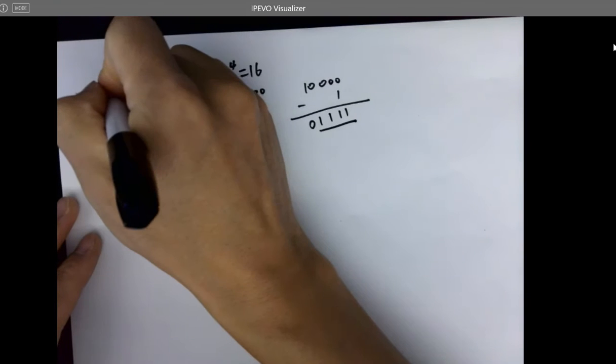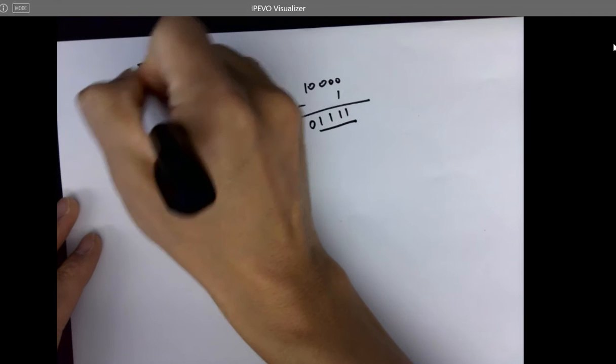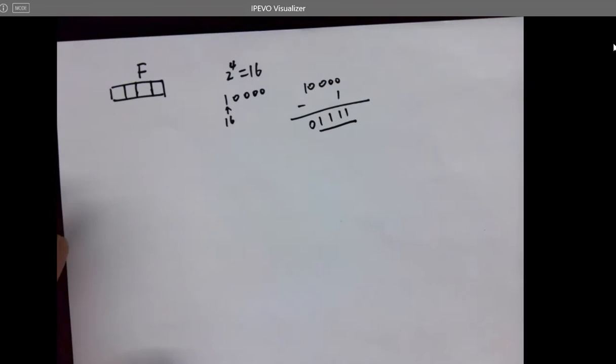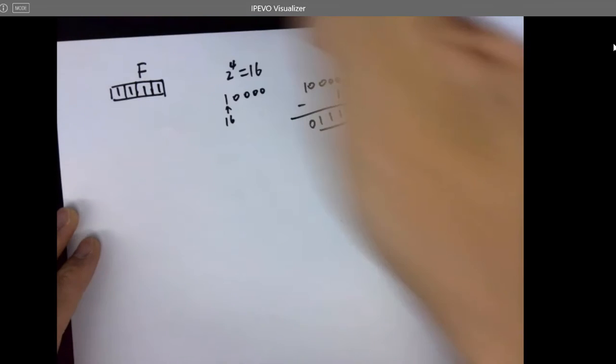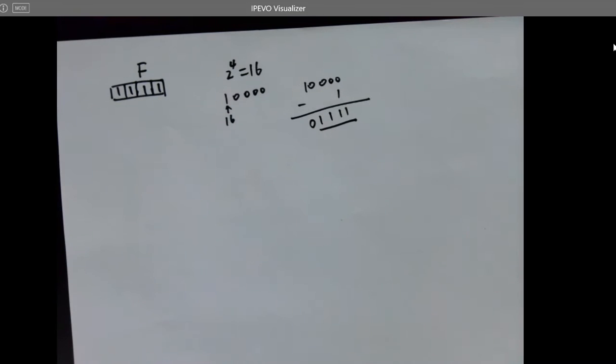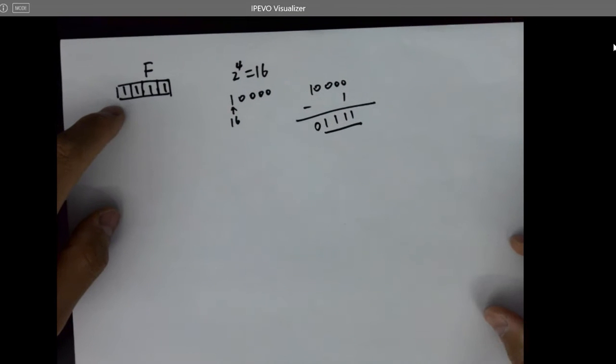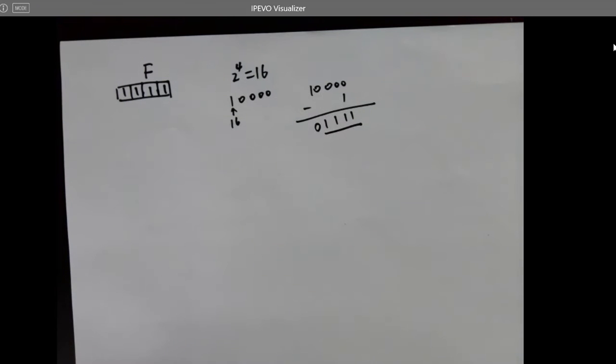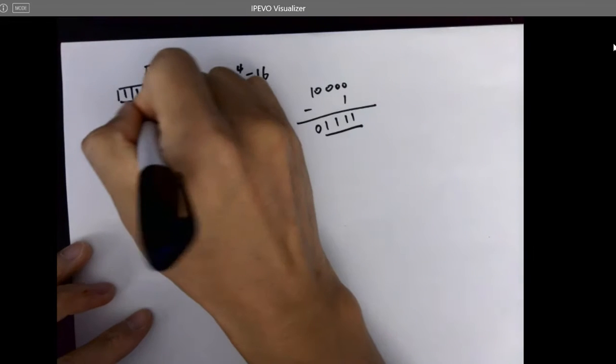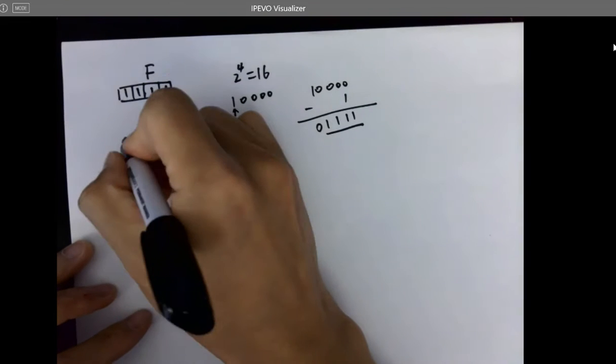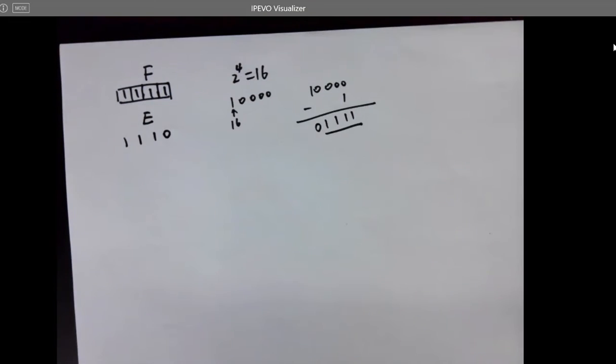If you only have 4 spots, what's the largest number you can get? 15, because if I fill them up with 1s, that's the largest number. I don't have 2s in binary, so it's going to be 15. In hexadecimal the largest number is 15, so that's why 4 binary digits are enough to represent all these hex numbers. So E will be 1, 1, 1, 0, just minus 1, right?